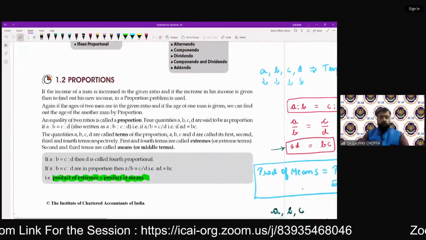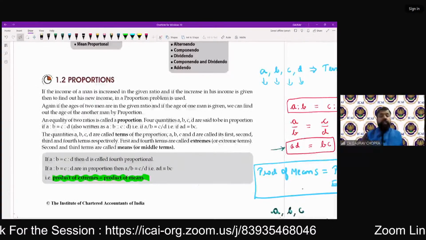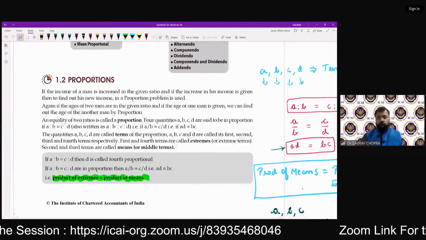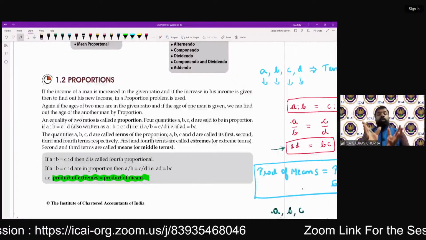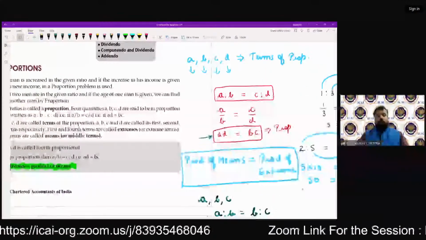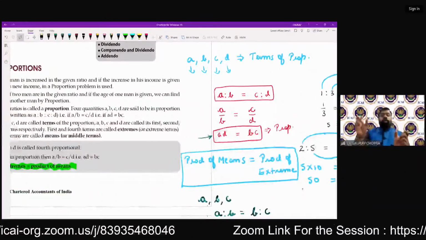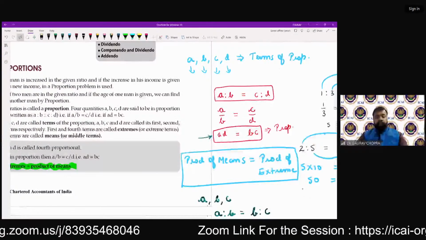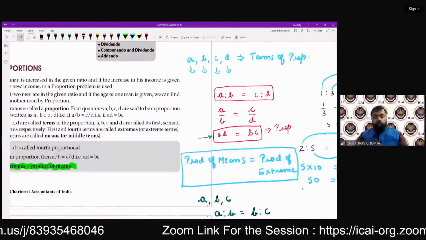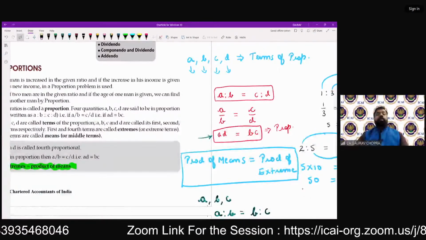So proportion is basically the equality of ratio. Proportion means when two ratios are equal. Let's take A ratio B, and on the other side C ratio D. When both ratios are equal, they are said to be in proportion.